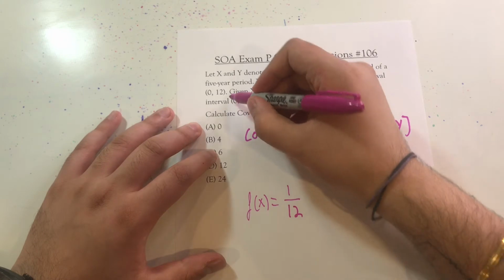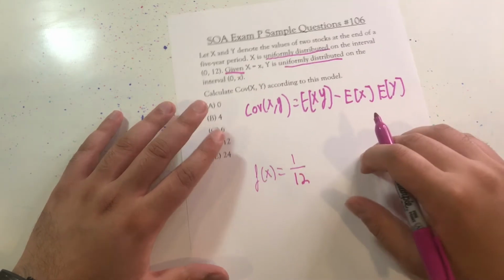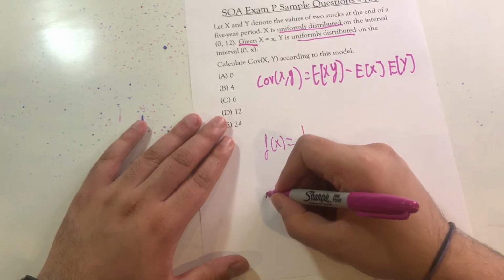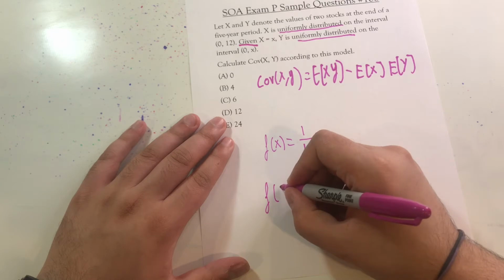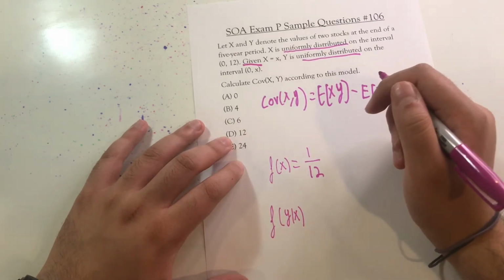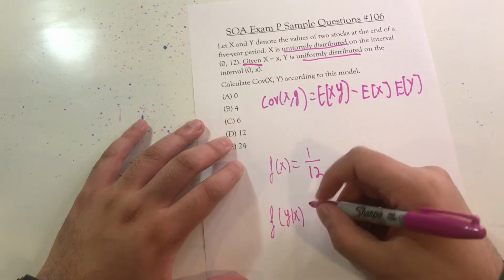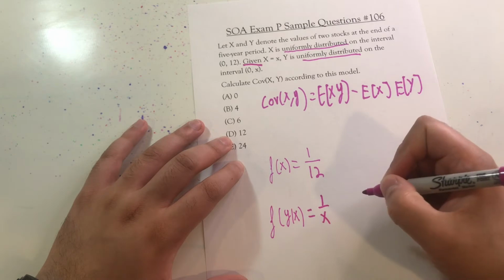Now, this word "given" is very important, because we're not getting the PDF of Y, we're getting the PDF of Y given X. And that's on the interval which depends on x: 1 over x minus 0, which is equal to 1 over x.